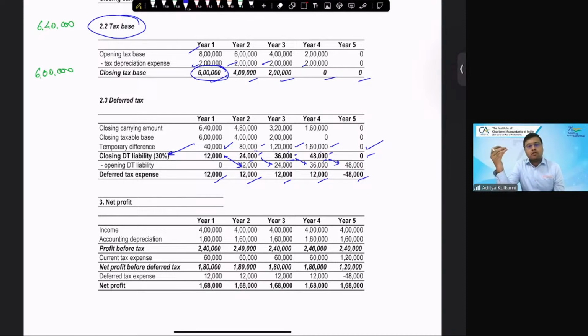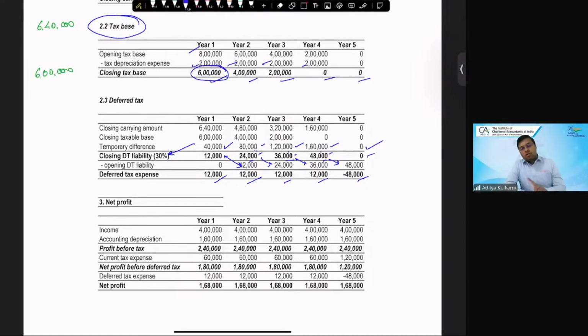So you would be adding it back in your computation of income, because it is reducing your profits. The impairment charge, would it be a permanent difference or a temporary difference in line with AS 22? Permanent difference, because it had no allowance under the Income Tax Act.